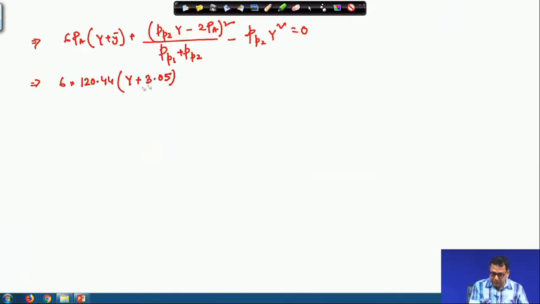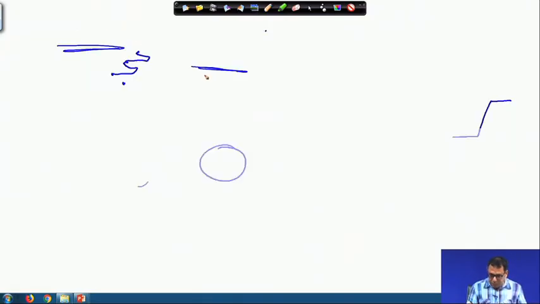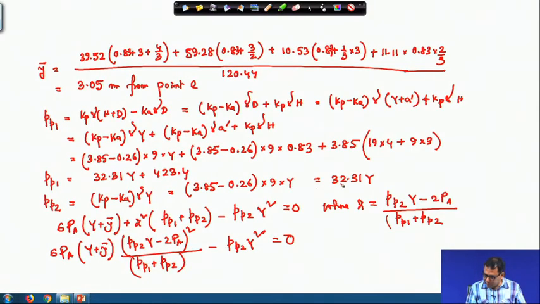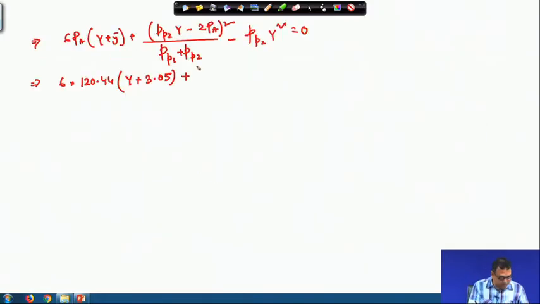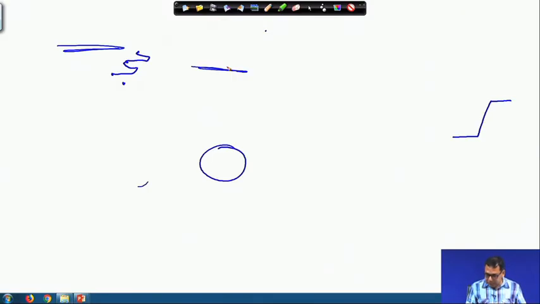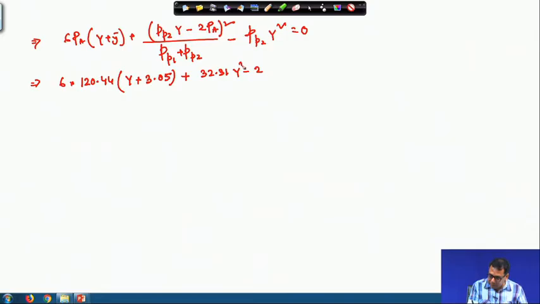So, I can write this as 3.05 plus PP2, which is 32.31 Y, and PP1 is 32.31 Y plus 423.4. So, I can write 32.31, this is capital Y minus 2, this is PP1 is capital Y and there is already one capital Y, so it will be capital Y square.